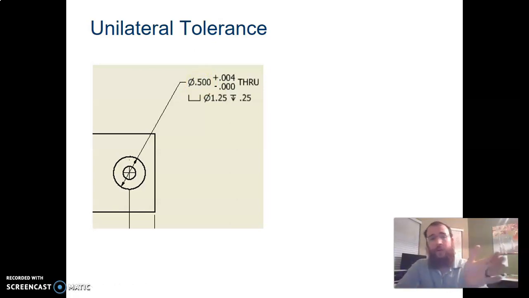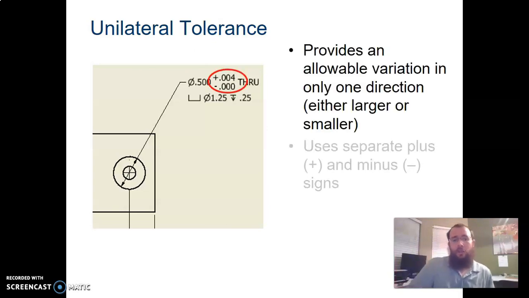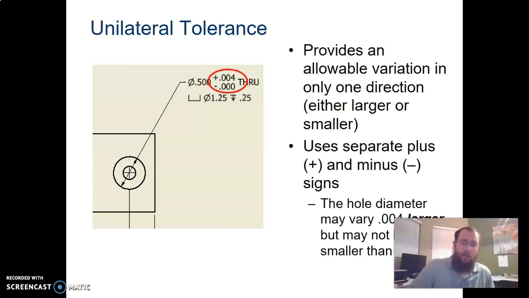It can't be 0.5005, and it cannot be 0.499. It has to be between 0.5 and 0.504, and all the numbers in between there. So that's a unilateral tolerance, where it allows one direction of change, but not the other.